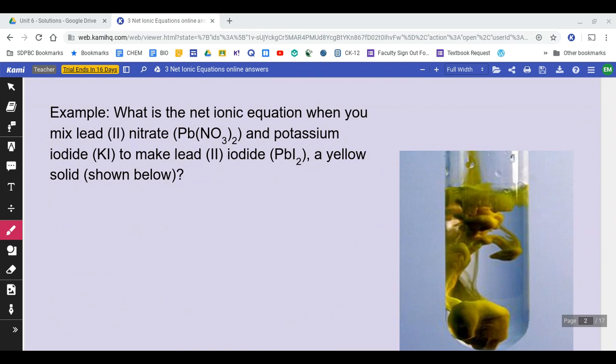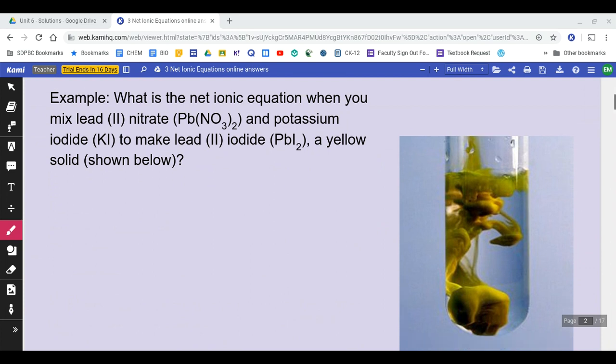So an example here: what is the net ionic equation when you mix lead 2 nitrate, which is PbNO3, and potassium iodide, which is KI, to make lead 2 iodide, PbI2, which is a yellow solid. This picture over here on the right shows what that mixture looks like.